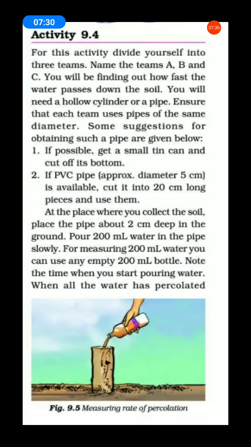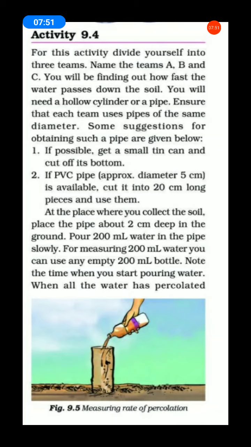Next one. At the place where you collect the soil, place the pipe about 2 centimeter deep in the ground. Pour 200 ml water in the pipe slowly. For measuring 200 ml water, you can use any empty 200 ml bottle.